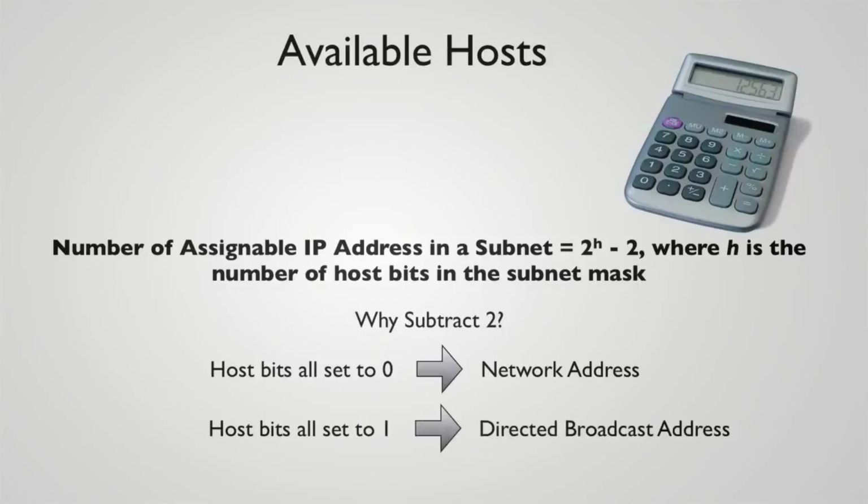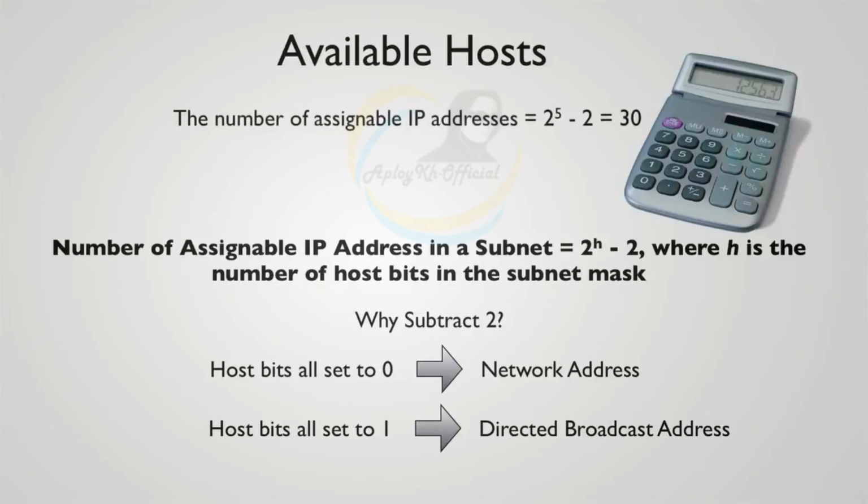And sticking with our previous example of a Class C network, which has 24 bits in the subnet mask by default, and we borrowed 3 bits, we extended that 24-bit mask by 3 additional bits. That gave us a 27-bit subnet mask, meaning that we have 5 remaining host bits, 32 bits total. 32 minus 27 is 5. We've got 5 host bits. How many assignable IP addresses can I have in each of these subnets that we've created?